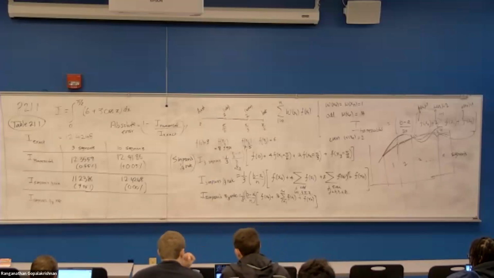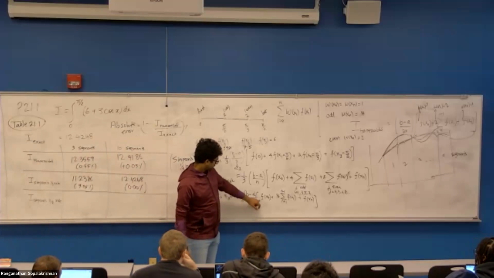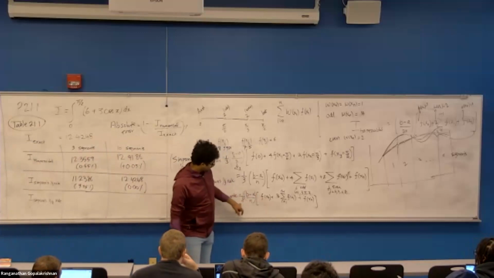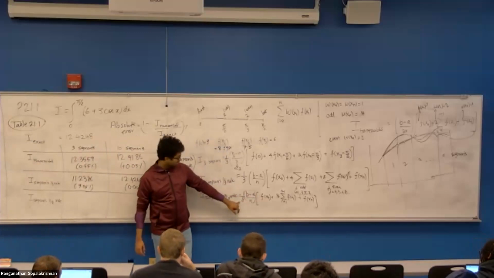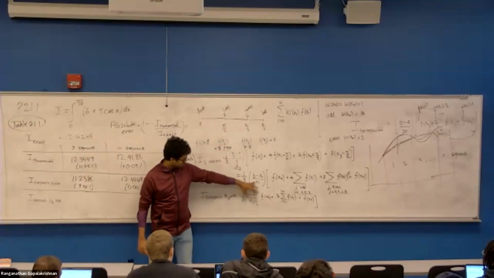So what are you guys getting? I have a question. Did you mean to write 1/8, this is supposed to be 3/8? I meant to write this whole thing divided by 8, which I wrote like this. And this b minus a divided by n, in our case n is equal to 3, so this is the step length.